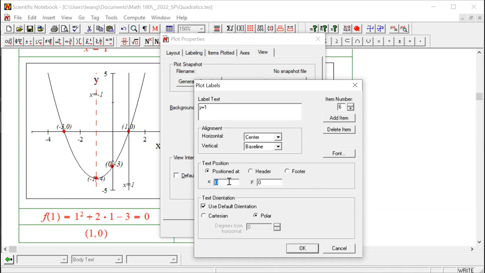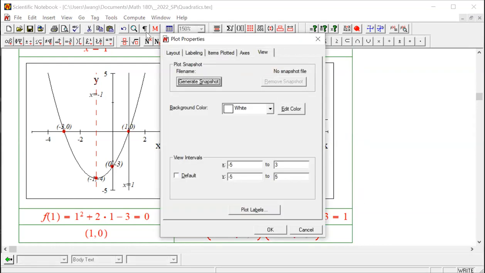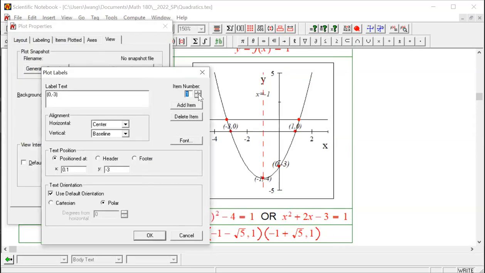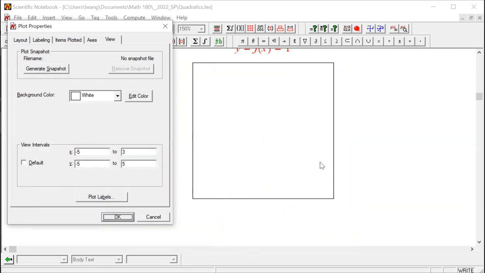Where are we going to mark it? I'm going to move this over to determine the place. I want you to take the time to mark it as well: y equals 1. So you know what to look for. You can see the equations are different.